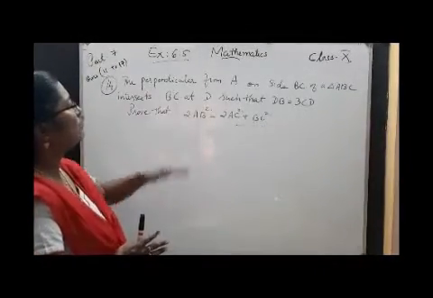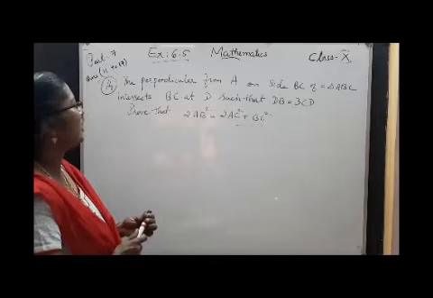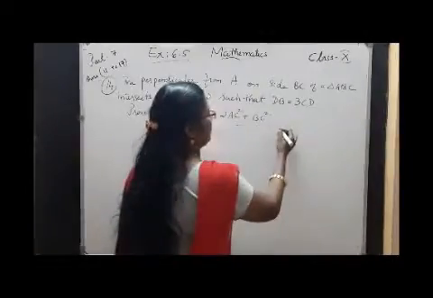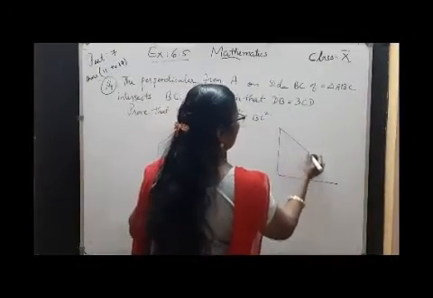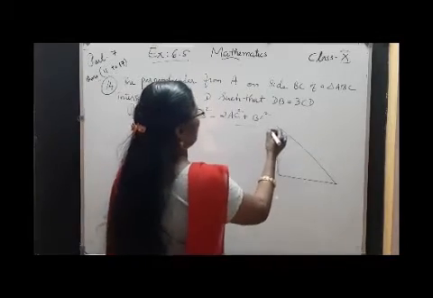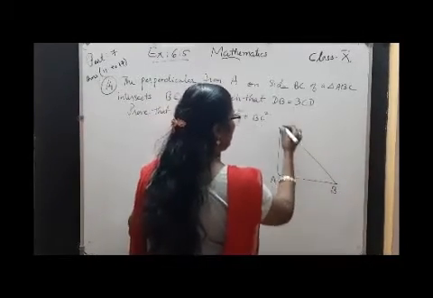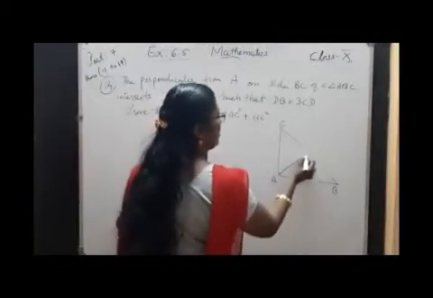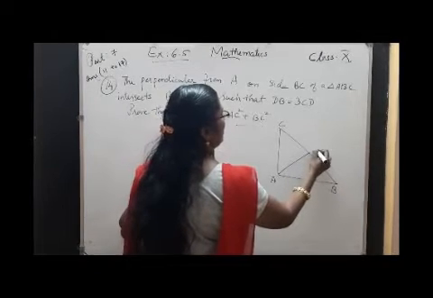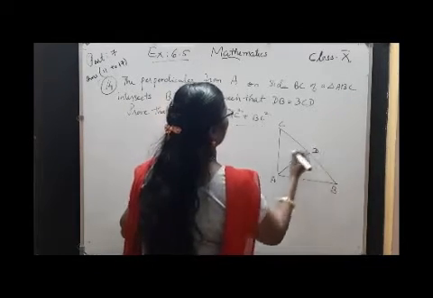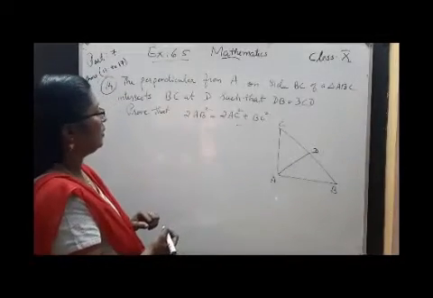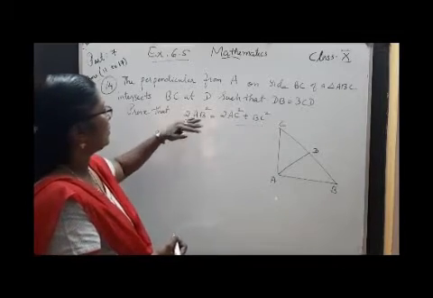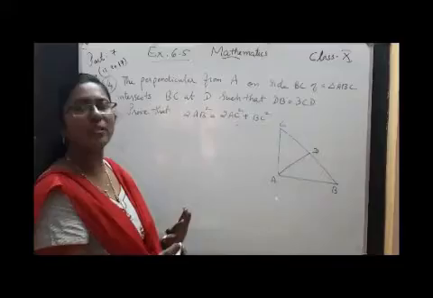Okay, the perpendicular from A on side BC of triangle ABC intersects BC at D. Then our aim is to prove 2AB square equal 2AC square plus BC square.